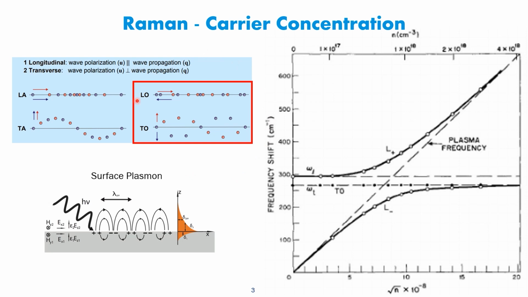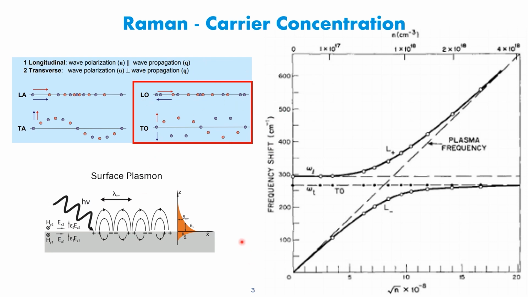So the particular symmetry that we're interested in when we're studying carrier concentration are these longitudinal optical modes, which can actually couple to what's called a surface plasmon, where you have a charge carrier wave propagating along the surface of your sample. And the change in the polarization of the charges actually couples to that longitudinal optical mode.